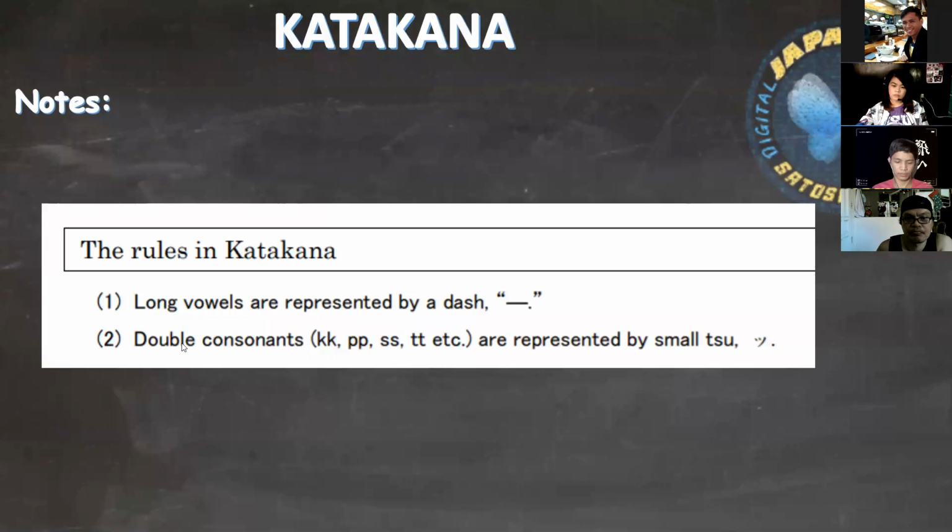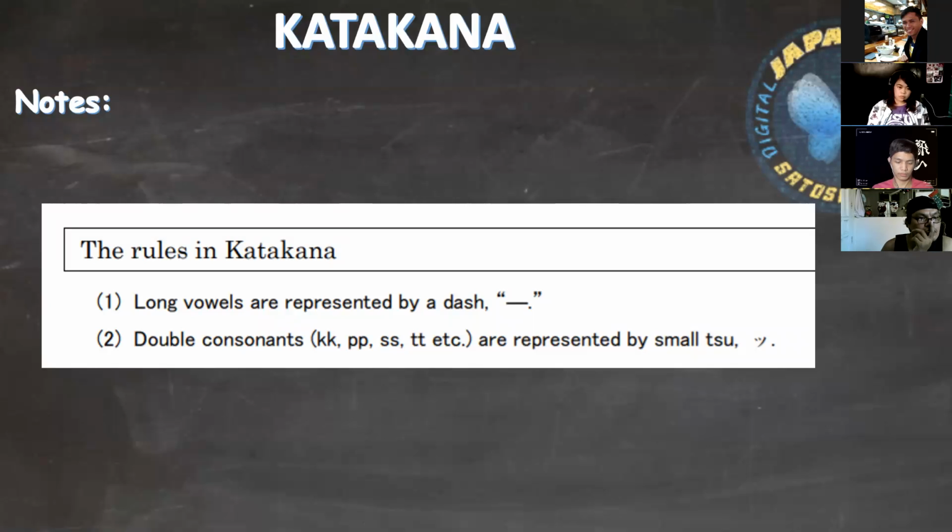So the rules in katakana, we have the long vowels represented by a dash. So with a dash, we are able to make the sound longer. Okay, and we still have our double consonant, same rules as our hiragana. And for our double K, double P, double S, and double T, and others, they have a consonant sound of our one second pause. Okay, so I'll give some examples of that later on.